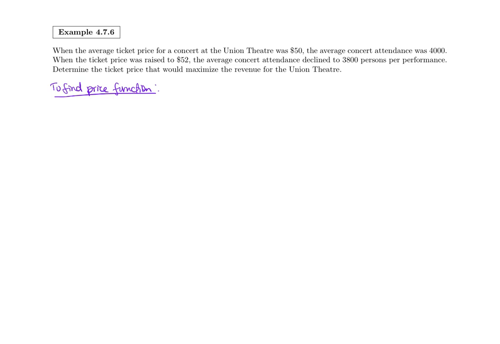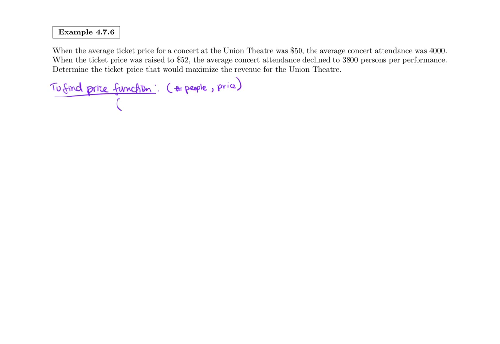So to find our price function, we have the points. Now remember, we're going to do our ordered pairs in the order of number of tickets sold, or number of people, comma, the price, because we're trying to find an equation that defines price in terms of the number of people who attended the concert. So we have two pieces of information.